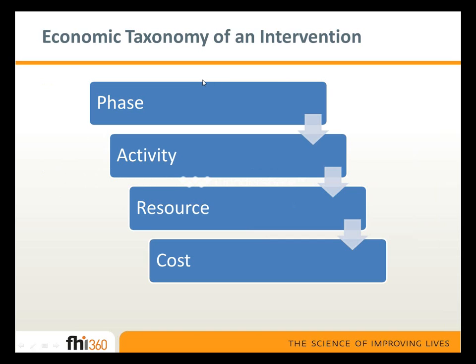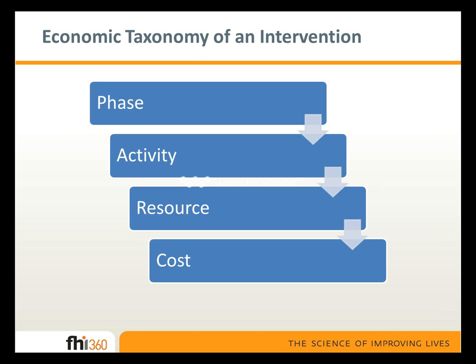Also, it's useful to have a way to structure and classify intervention elements to break down the cost of an intervention into smaller parts to make it easier to see the transparency of the costs and where the costs are coming from. So we have this economic taxonomy of an intervention.